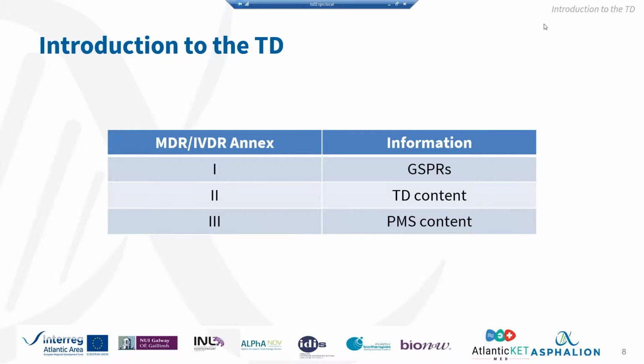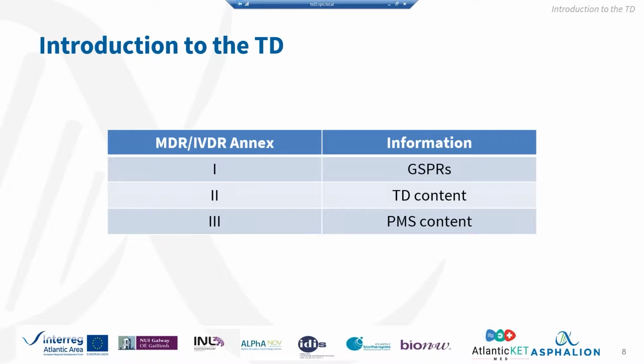So if you need to assess what information should be included in your technical document, you can go to any of these three annexes, because this is the information that is expected for you to have for your device. It doesn't matter what kind of device you have. It doesn't matter if it's a class A, a class 1, or a class 3. You have to compile a technical document with this information.